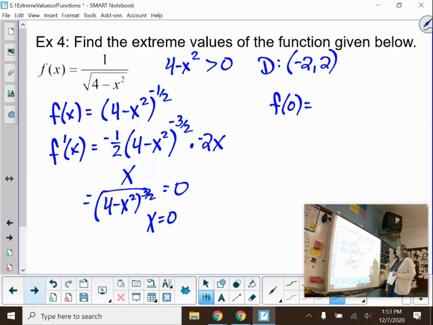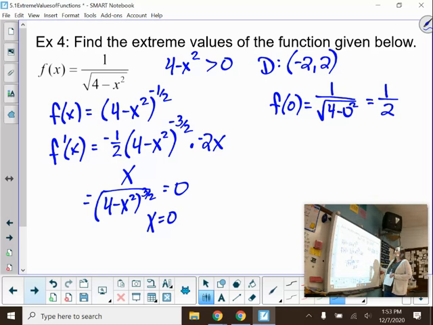So whenever I plug that in, I get 1 over the square root of 4 minus 0 squared, which is 1 over the square root of 4, which is 1/2. So now you need to figure out, is this a min? Is it a max? Is it absolute? You could look at the graph, possibly, if this was a question that allowed graphing calculators.